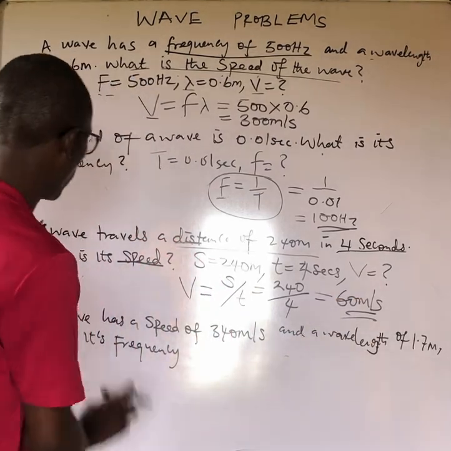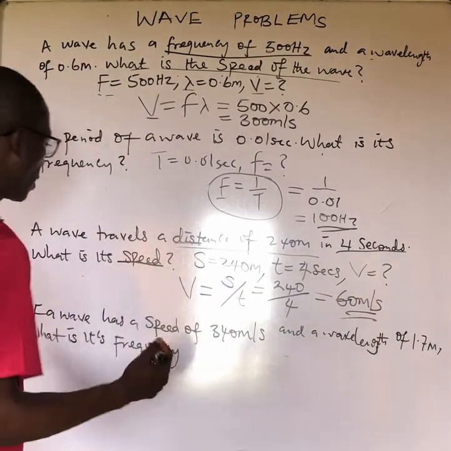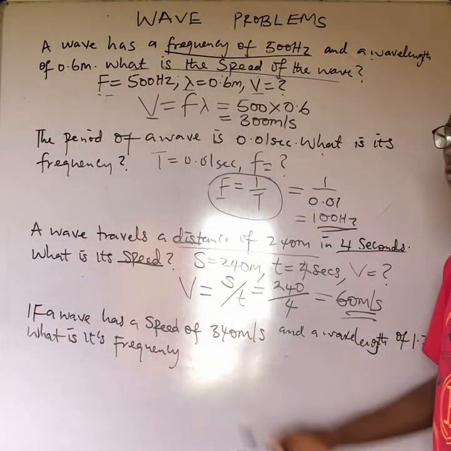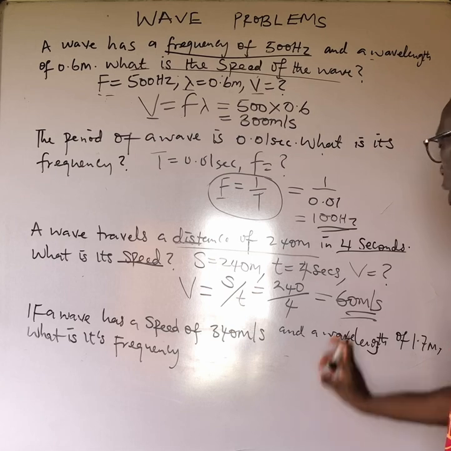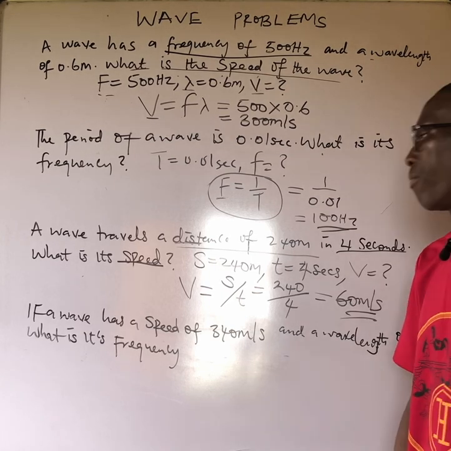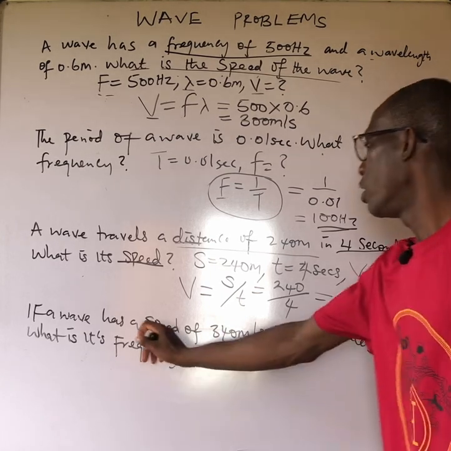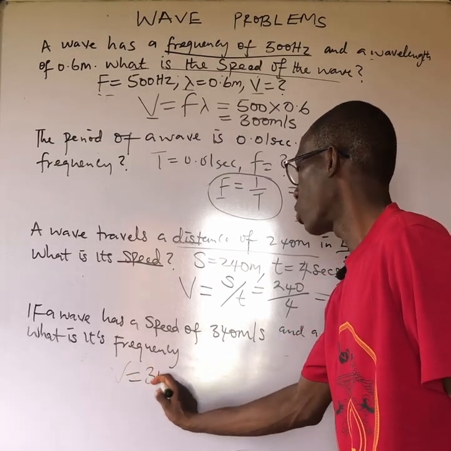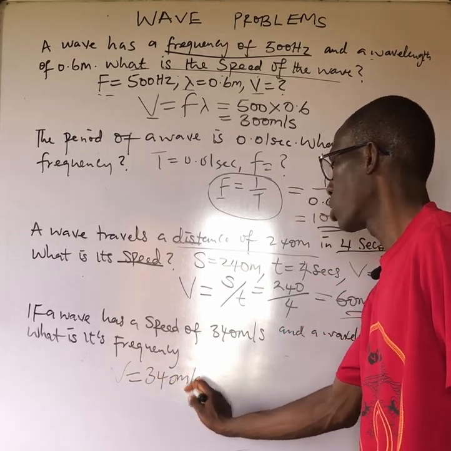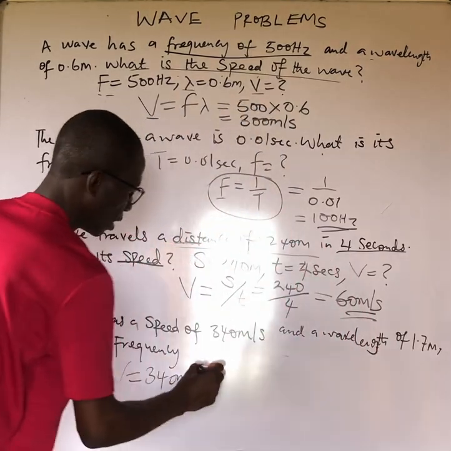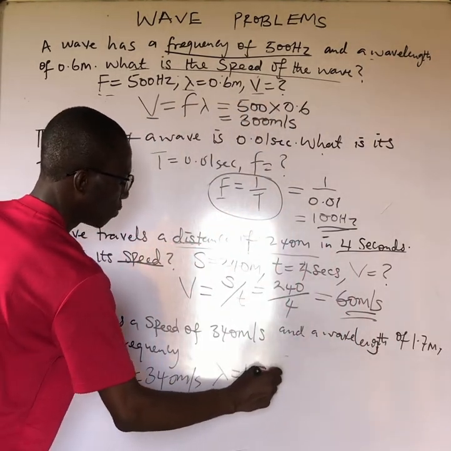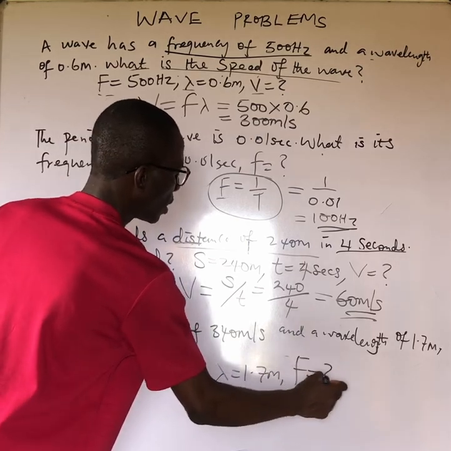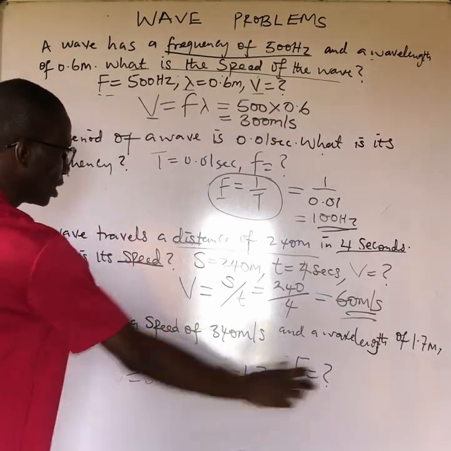Now look at this one. It says if a wave has a speed of 340 meter per second and a wavelength of 1.7 meter, what is its frequency? So the speed is 340 meter per second, and the wavelength is 1.7 meter. What is its frequency? The next thing again is what formula connects these given values.